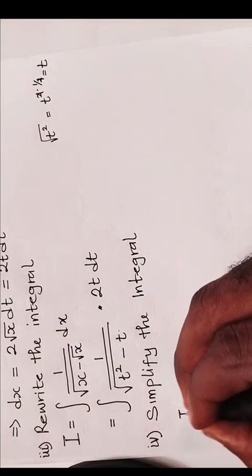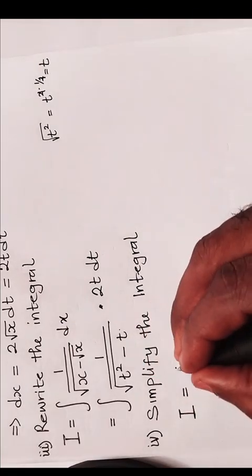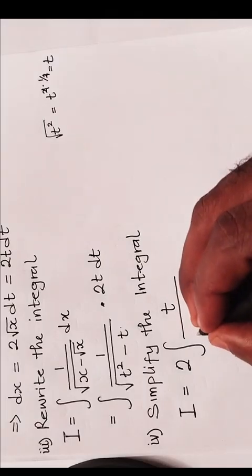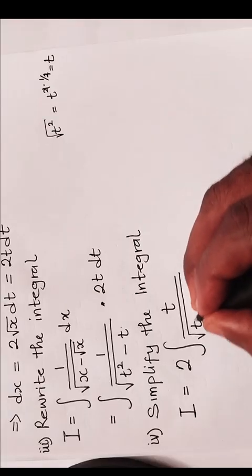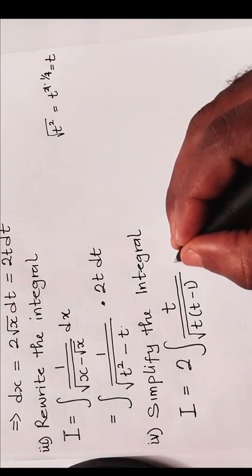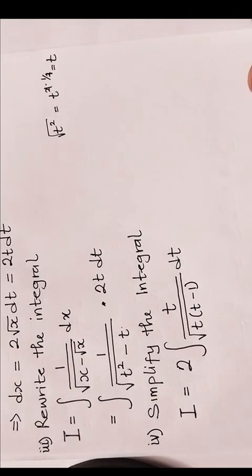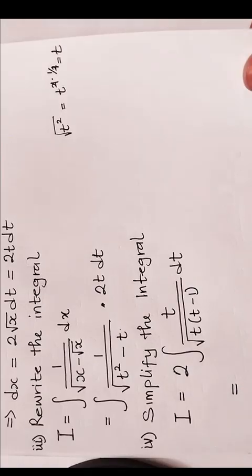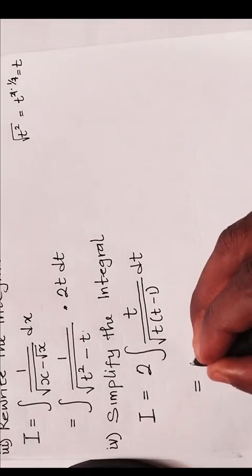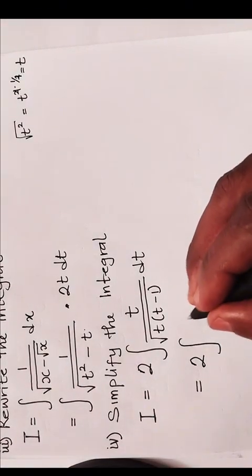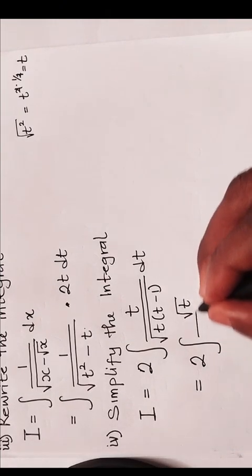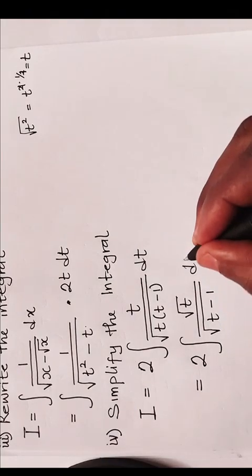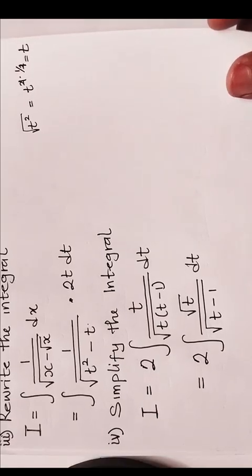Now we have I equal to, if you are simplifying this, 2 times the integral of t over the square root of t multiplied by t minus 1, dt, which is also equal to 2 times the integral of square root of t over square root of t minus 1, dt. So this is what we get.